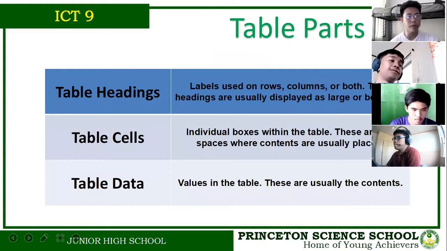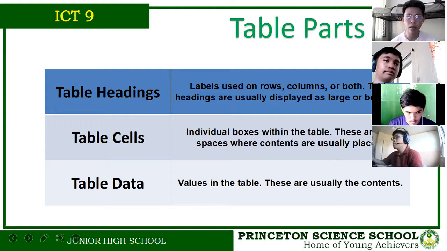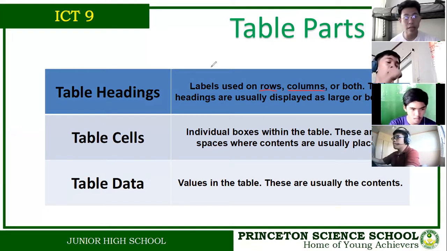Okay, so the table parts, basic table parts. First, the heading: labels used on rows, columns, or both. Table headings are usually displayed as large or bold text. So table headings are labels used on rows or columns, not just on the top of the table or the top row of the table.